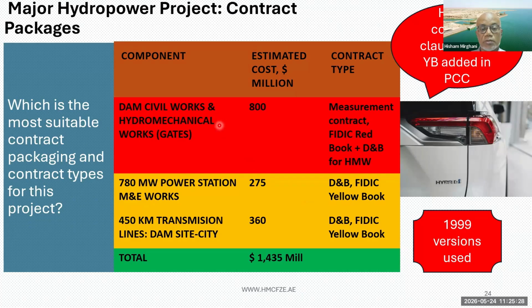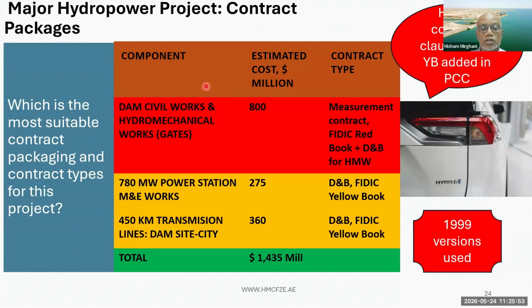In some international practices, you may find that the hydromechanical works, these are basically the gates that form part of the dam, are design build works. In some practices, you find this as a separate contract. This actually we did in the first project, in the first dam, but there were too many interfaces because these are an integral part of the dam.